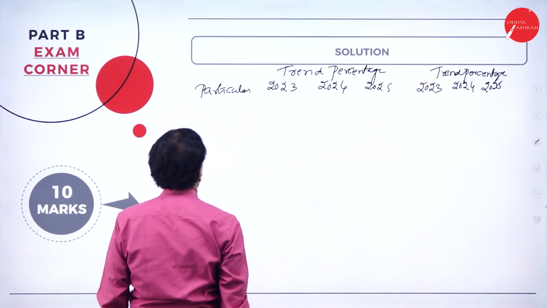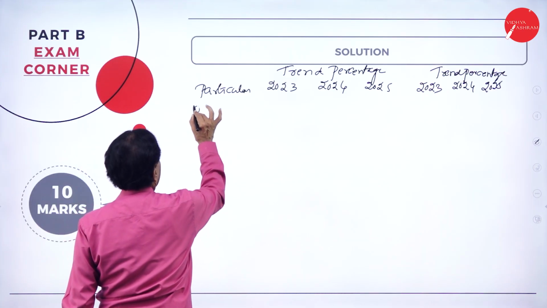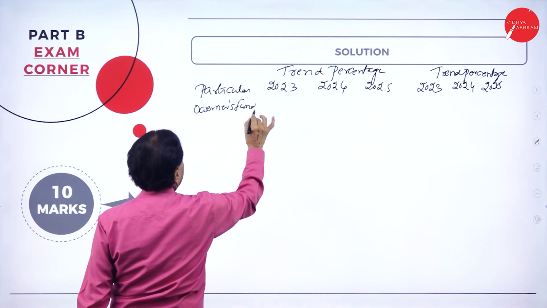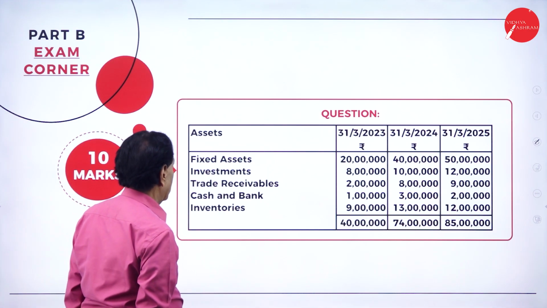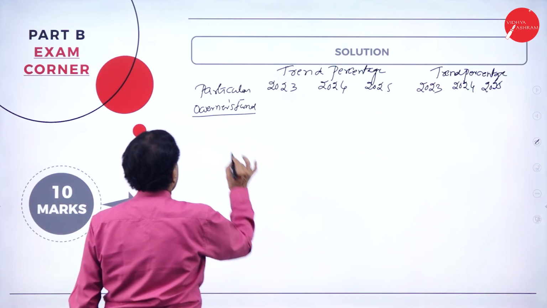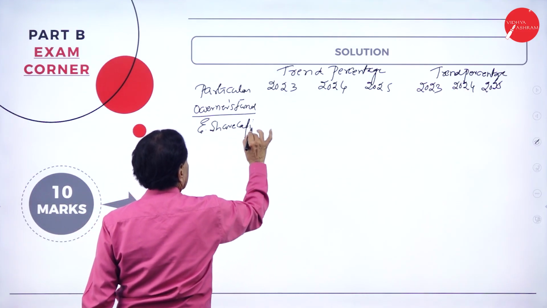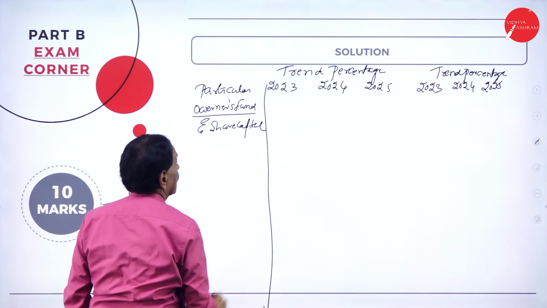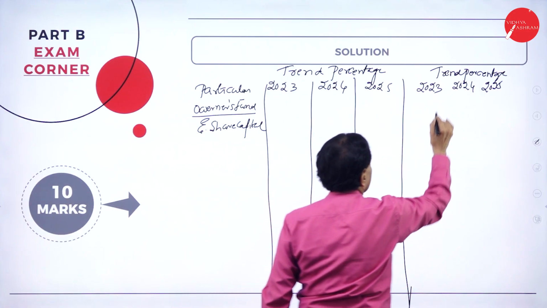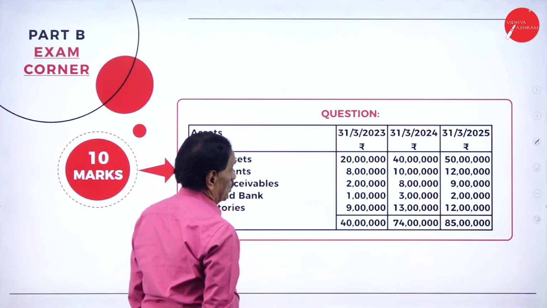Owners' fund: equity, preference, reserve. Number 1, equity share capital: 20 lakh.